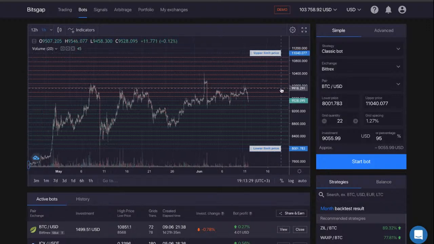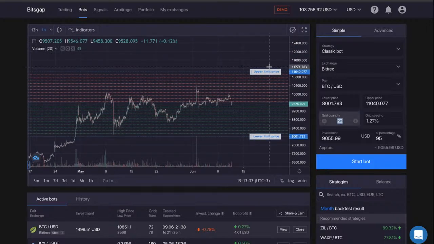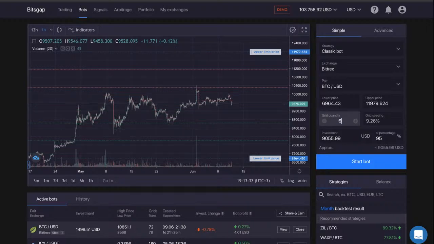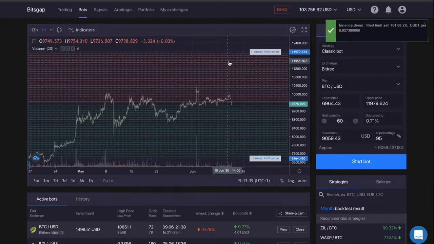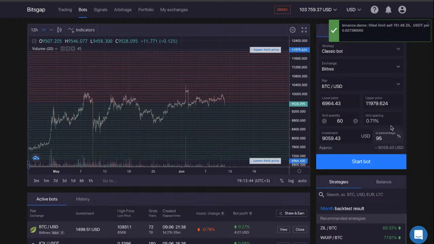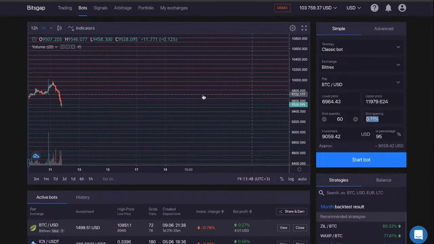So you see that here I'm doing the manipulation with only 22 grid levels, so I'm widening them. But if I add, let's say, 60 grid levels, you see that my setup looks now even more narrow. So the distance between all of my grid levels is represented by the grid spacing, which is 0.71%.